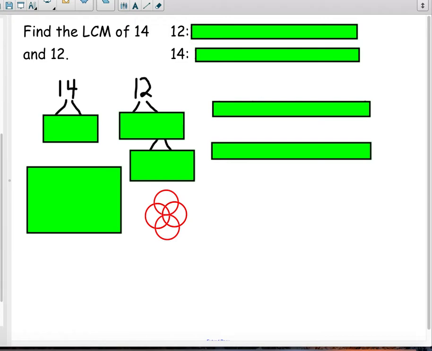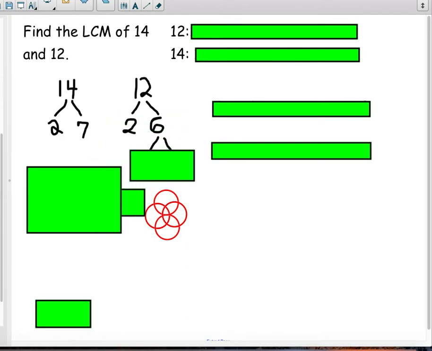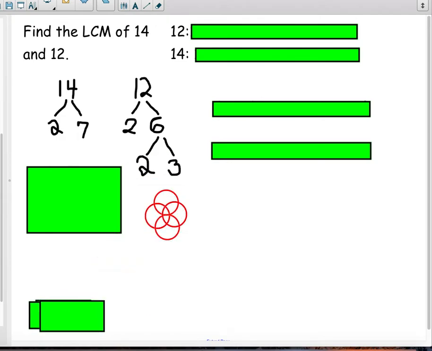In this case, we want to list the multiples and find the prime factors for 14 and 12. The prime factorization of 14 is 2 times 7. Then the prime factorization of 12 would start with a 2 times 6, and then 2 times 3.